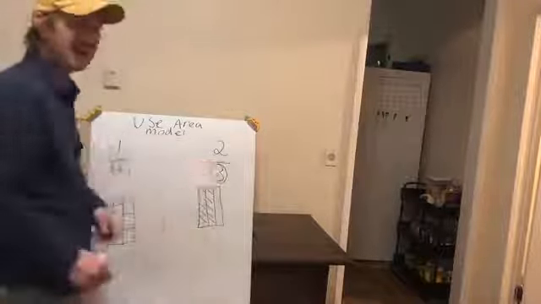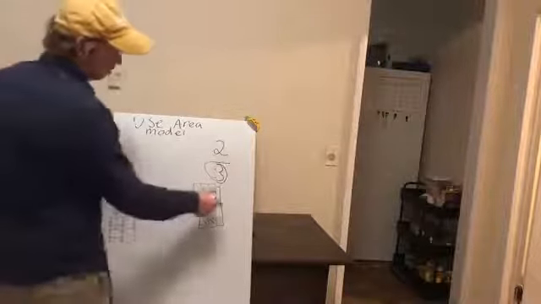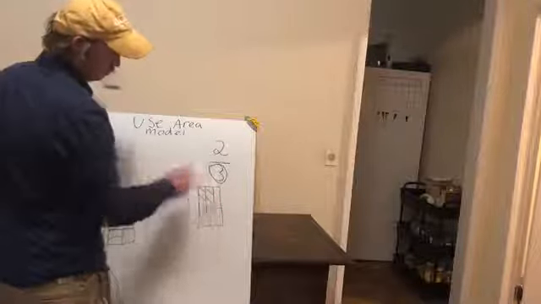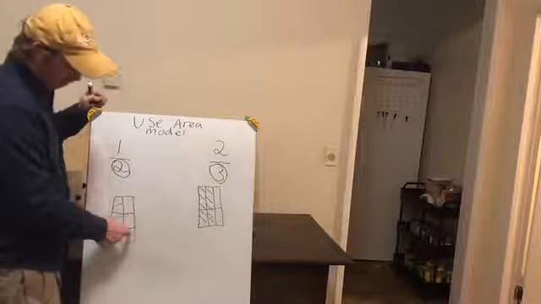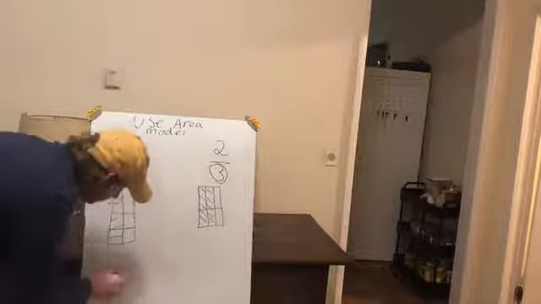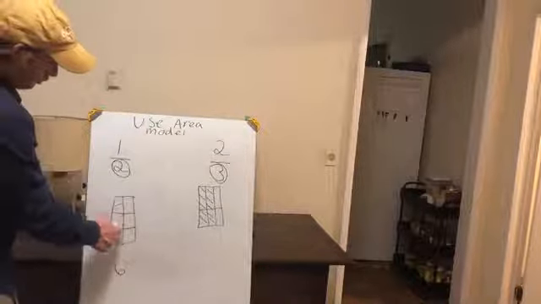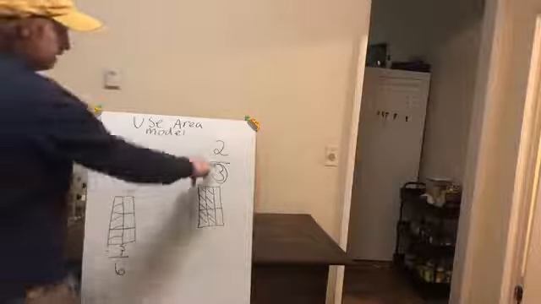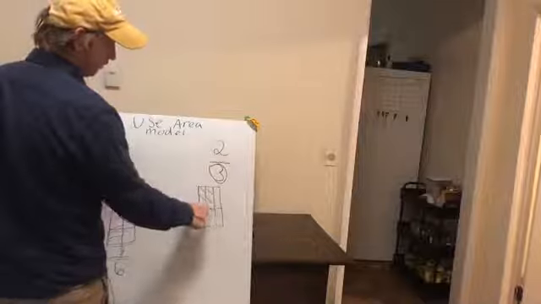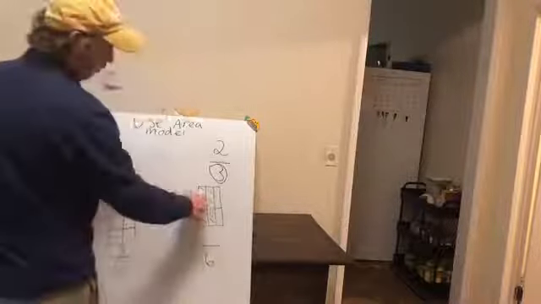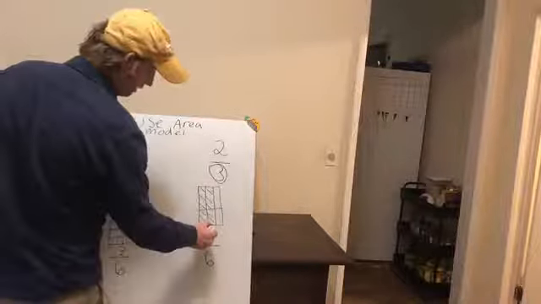And 3 times 2 is 6. So I'm going to cut this in half to add 2 more sections. So now we have 1, 2, 3, 4, 5, 6. And we have 1, 2, 3 shaded in. And over here we have 1, 2, 3, 4, 5, 6. And 1, 2, 3, 4 shaded in.